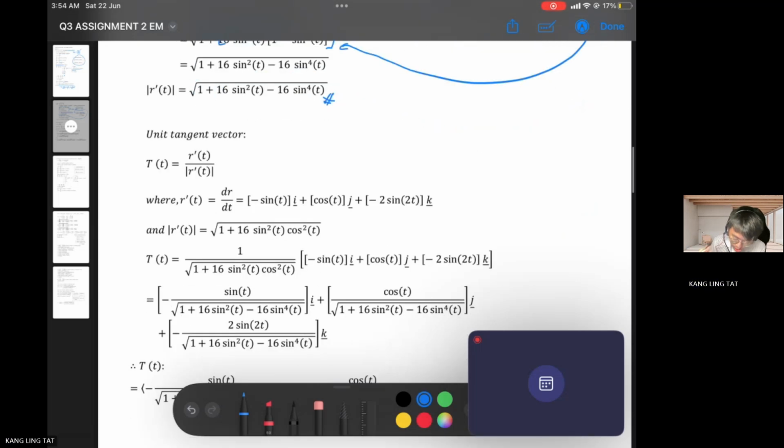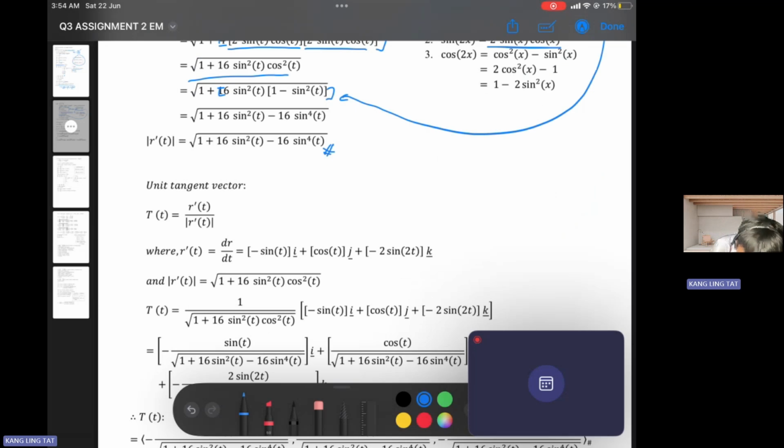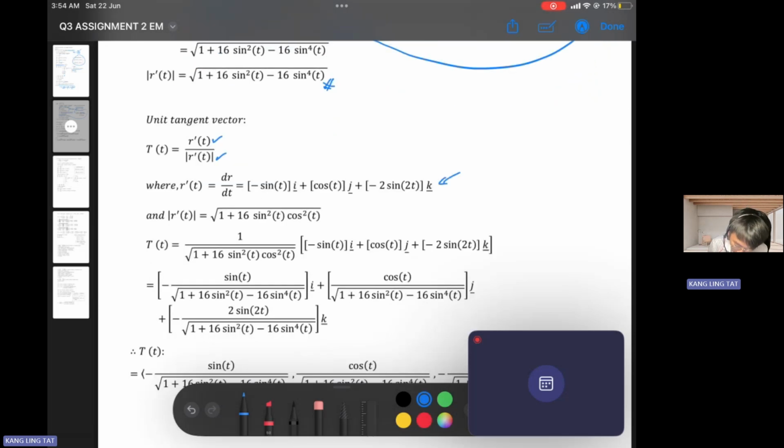Okay, so now we already have the derivative of our vector function, and we also have the magnitude of the derivative of the vector function r in terms of t. So here are the values, and we can just substitute them in right here. It can also be written as 1 over the magnitude of the first derivative of the vector function, times the derivative of the vector function.